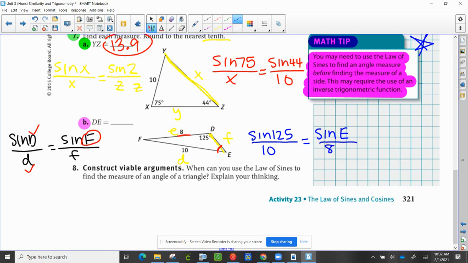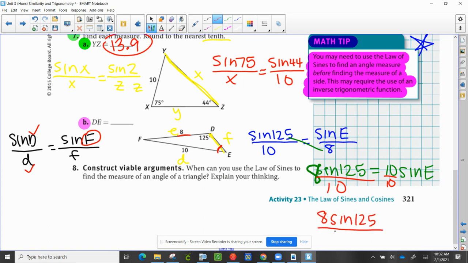So there's your little e. Let's find out what our angle is for E. Let's cross multiply. So we have 8 sine of 125 equal to 10 sine E. So divide out the 10. So we have 8 sine of 125 over 10, equal to the sine of E.